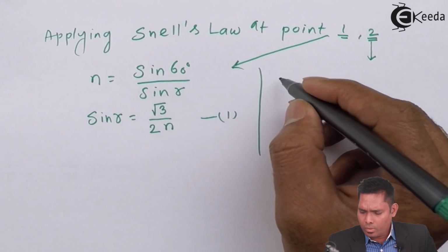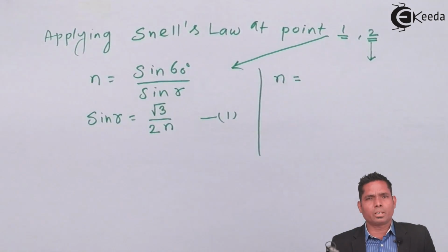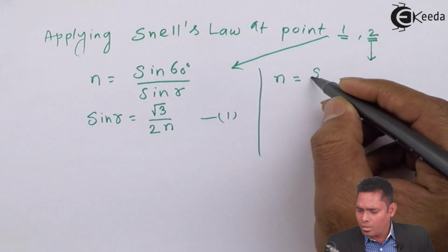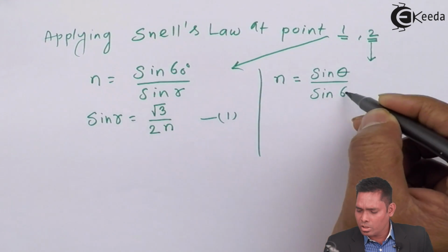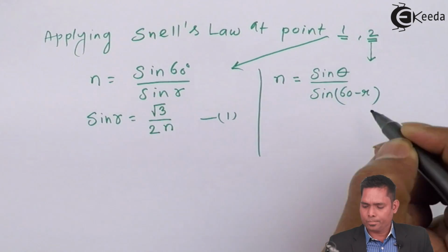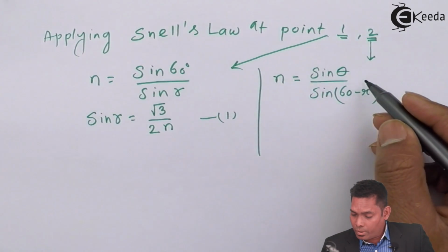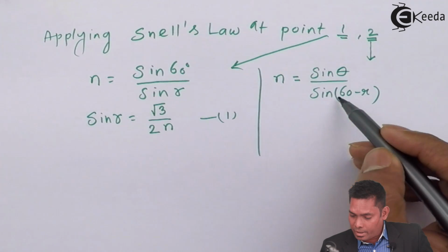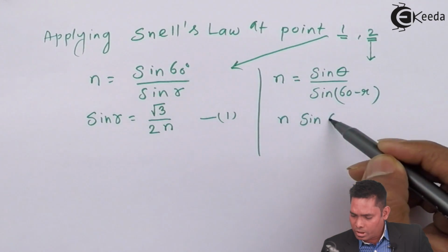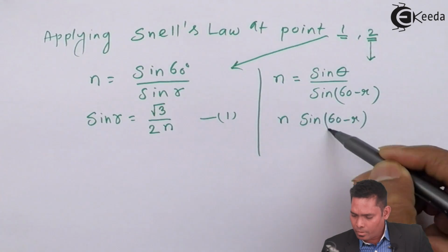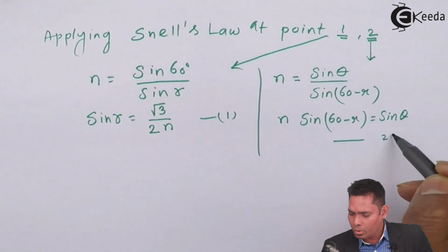That refractive index will be the same in both cases, so n is sine of theta divided by sine of 60 minus r. Now, n into sine of 60 minus r is sine of theta. This is equation number 2.